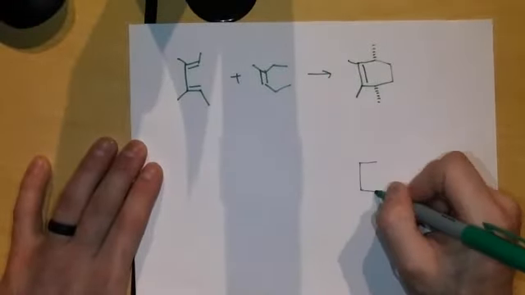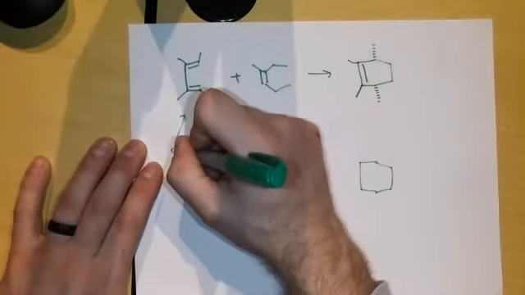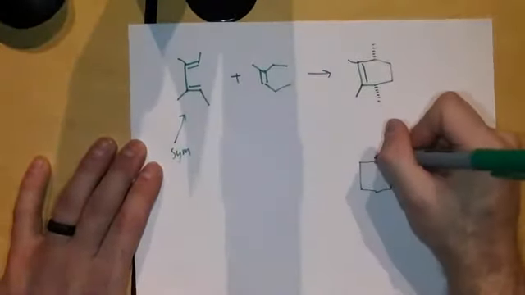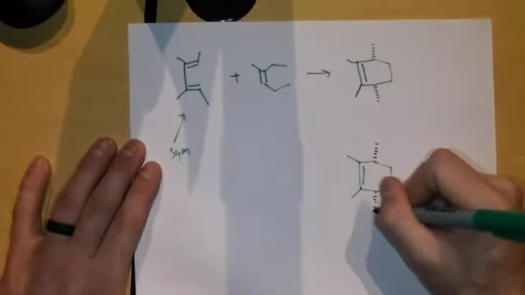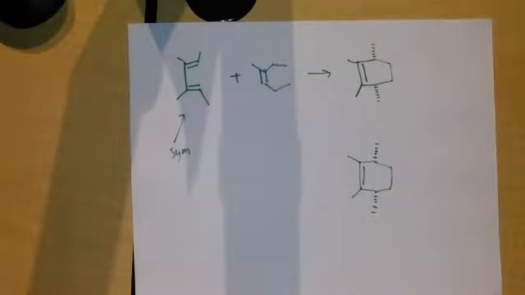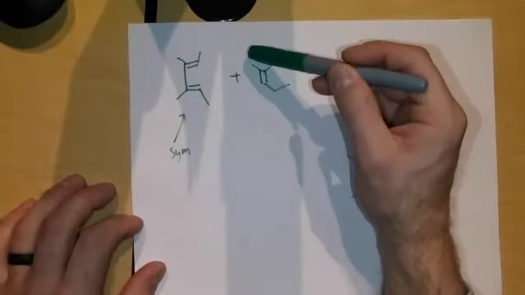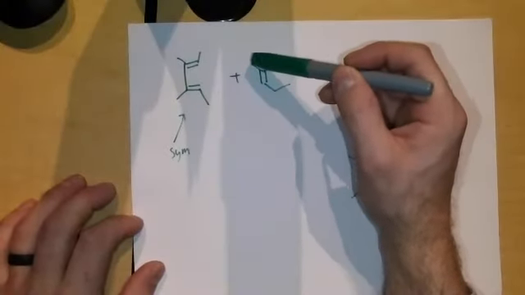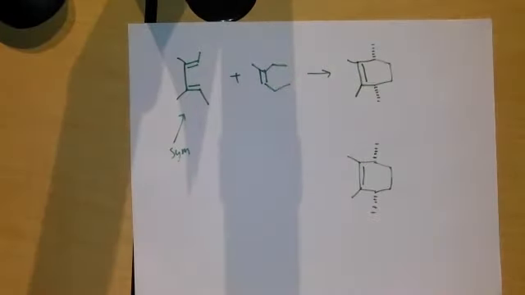Let's draw it again. So we can either have the two ethyls on dashes and the methyl on a wedge, or the methyl on dashes, the two ethyls on wedges.